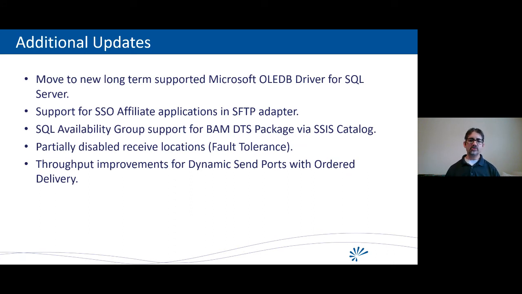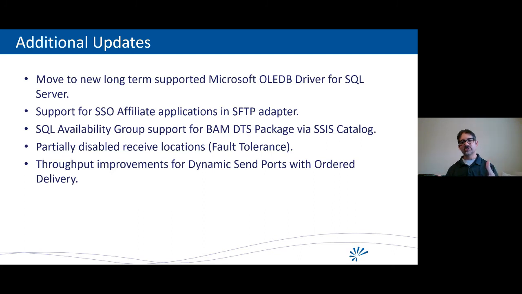There is a new state for receive locations known as partially disabled, and this is for fault tolerance. Essentially, if you have a scaled out configuration of BizTalk Server, you don't want to create a race condition between 2 different servers.